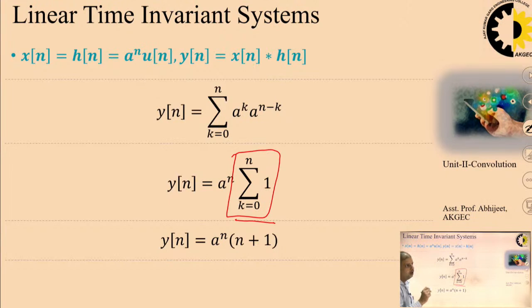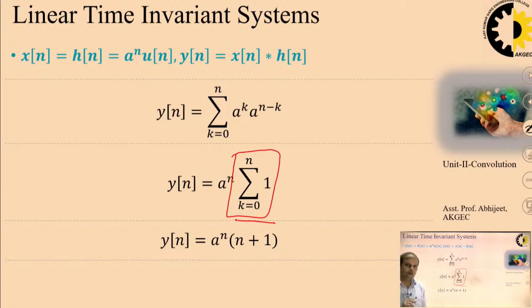It is adding 1 from 0 to n, which means we are adding it n plus 1 times, and therefore the summation is n plus 1. But this is not the final result yet. We have to put the limit on n: for what values of n the system is producing this output.